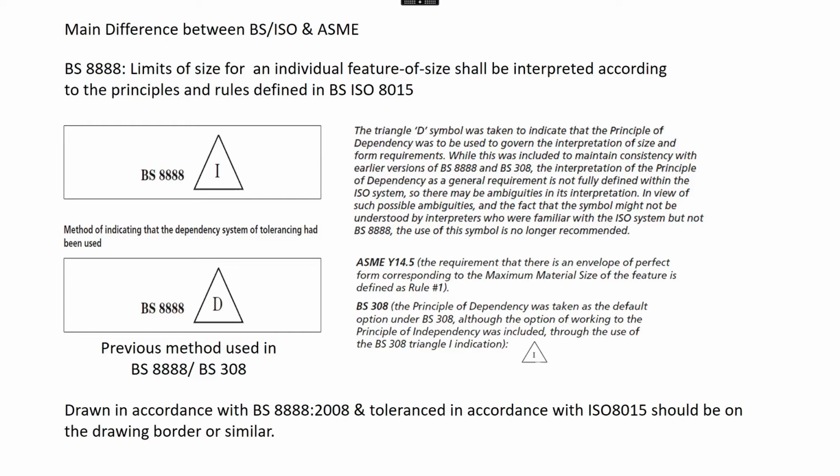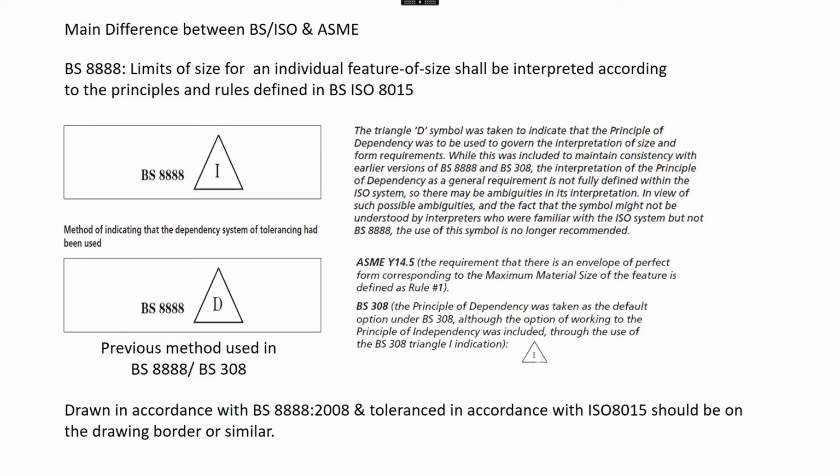Now years ago, in the earlier versions of BS 8888, you used to have a symbol with an I in it or a symbol with a D in it to define what system had been used in creating that engineering drawing in the first place.